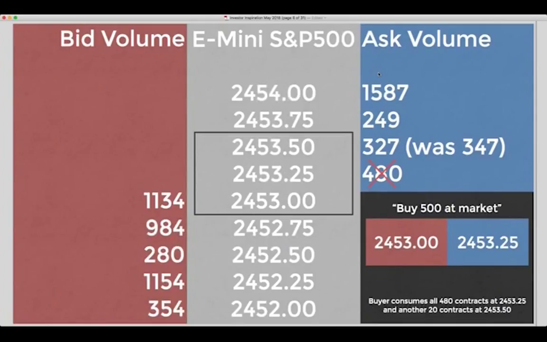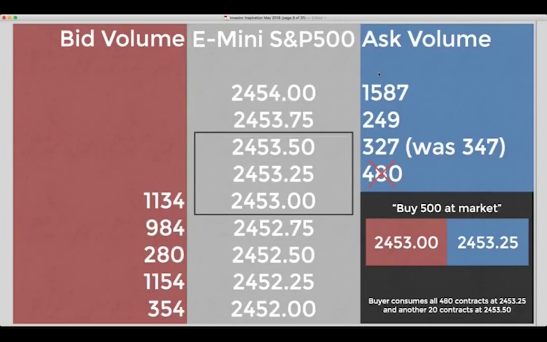The remaining 20 contracts are bought at the next price level, 53.5, taking the available quantity to purchase down from 347 to 327. So this buyer who wanted to aggressively enter the market and buy 500 contracts at market has actually moved the price quote. We now go 53, 53.5.